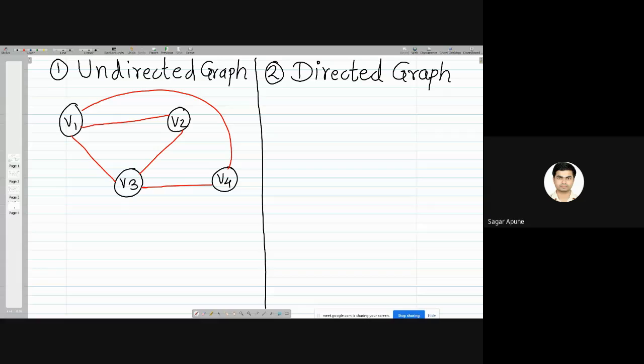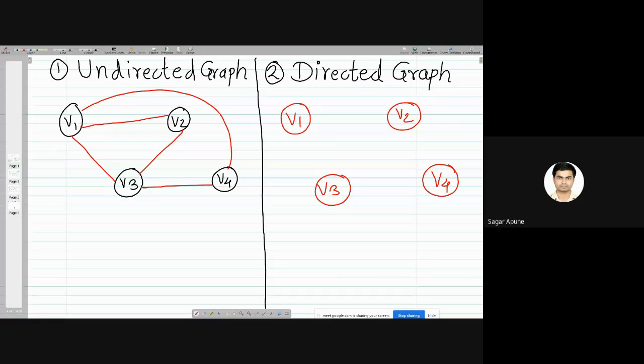If the same graph is converted into a directed graph, we have to mention direction for the edges. Like this, suppose here the same graph, here I draw V1 vertex, V3, V4, V2.